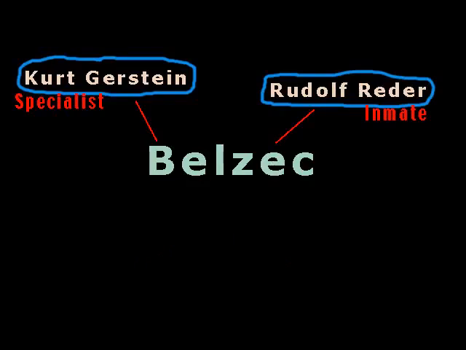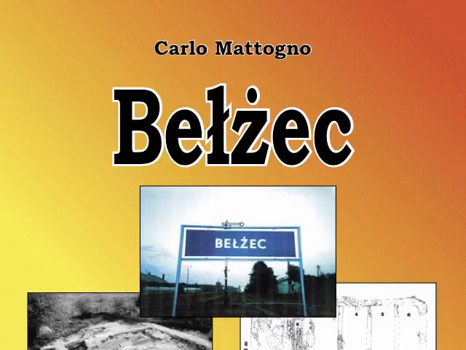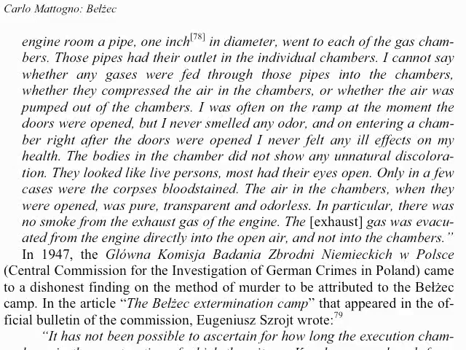There's a problem with Rudolf Reder's story, though. As the only Jewish survivor out of 600,000 people, he told authorities that the method of execution was not engine exhaust. In Carlo Mattogno's book, we read what Reder said. "The air in the chambers, when they were opened, was pure, transparent, and odorless. In particular, there was no smoke from the exhaust gas of the engine.